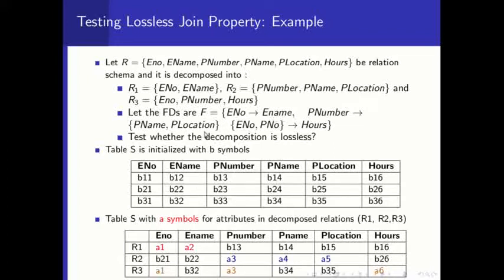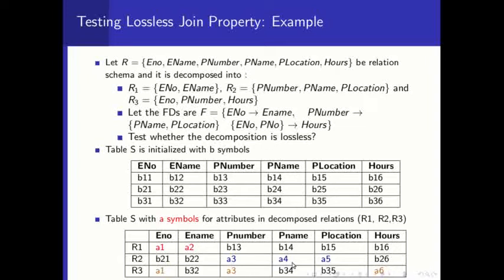And corresponding to the next FD, P number determines P name, P location: P number is the third attribute. Therefore, these two rows have the same X values, that is A3, A3.